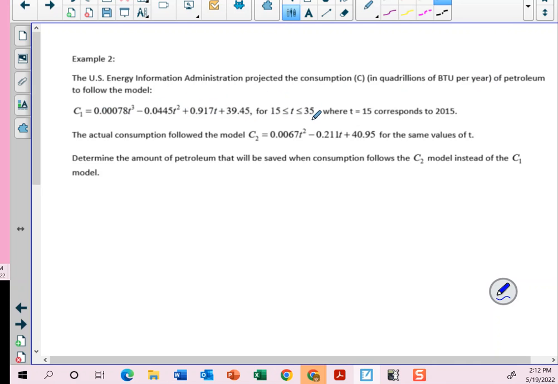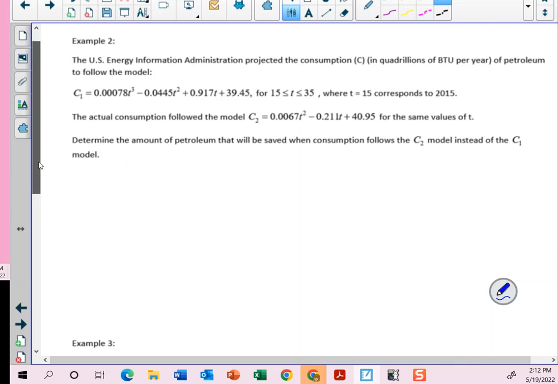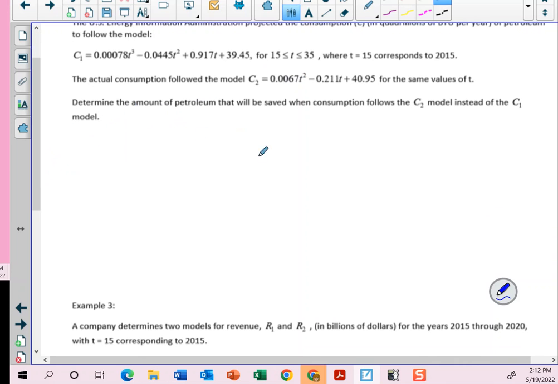This is the projected model, and then something changes and we realize this is actually going to be the consumption model. See what the difference is between the two models, how much petroleum is saved if we can operate at this consumption model, maybe because we've made some kind of changes, some kind of improvements, and so on.